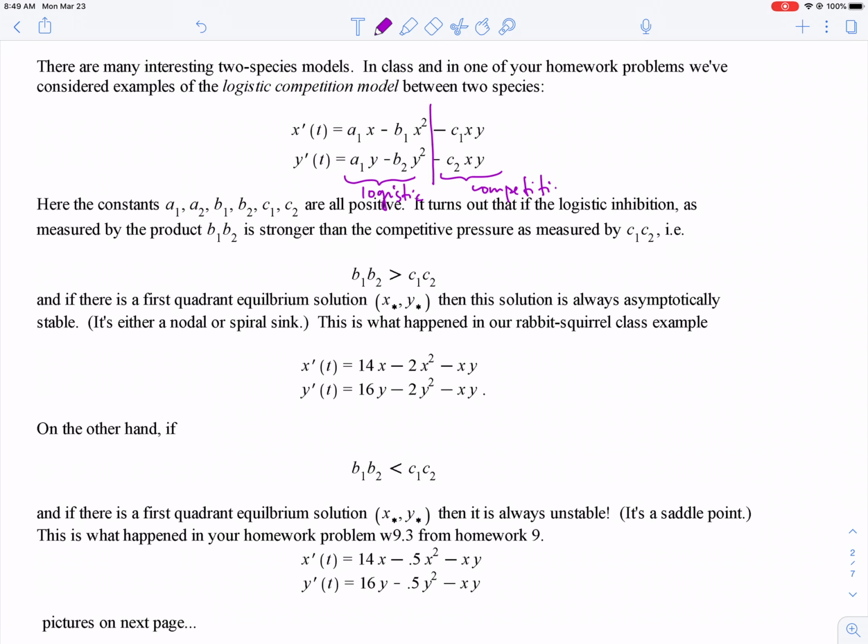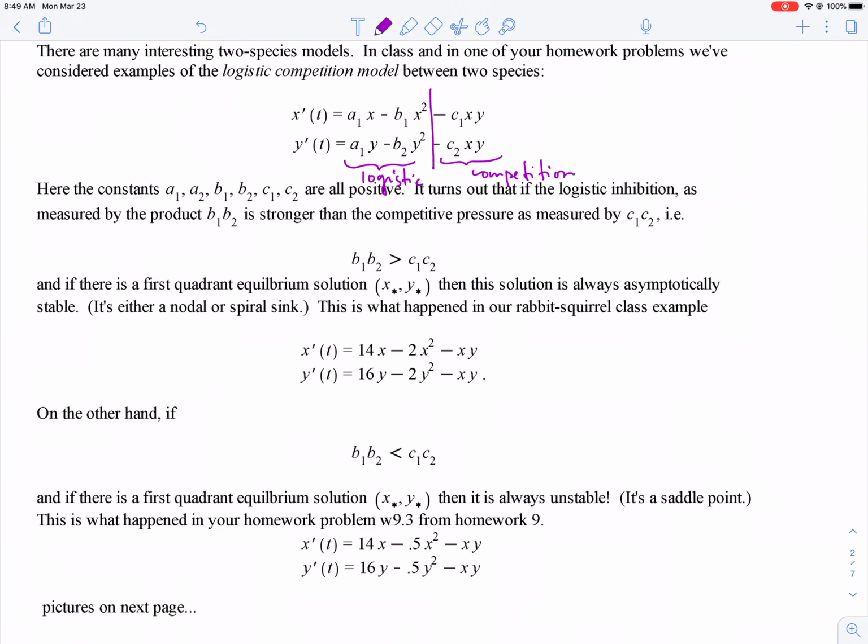We've been following a specific example of this in the previous lecture. Now, what's interesting is two very different things can happen, depending on how the logistic inhibition for each species with itself compares with the competition between the species.